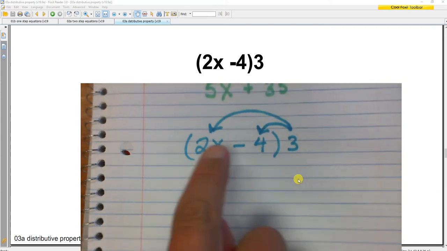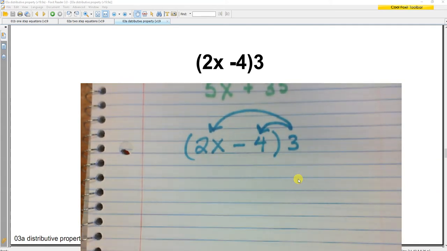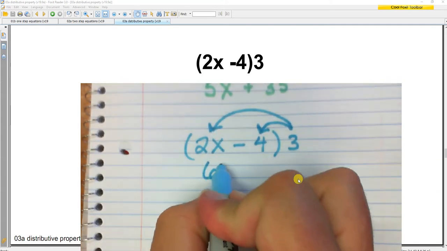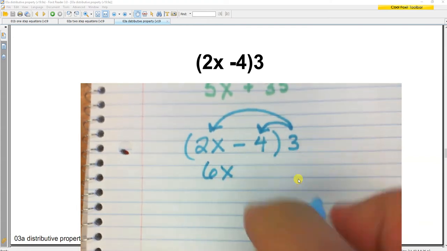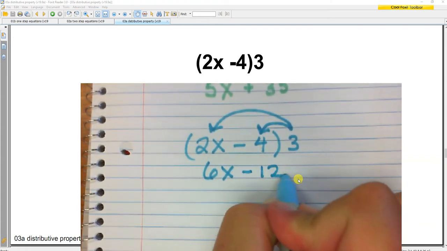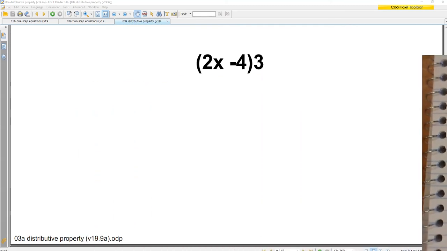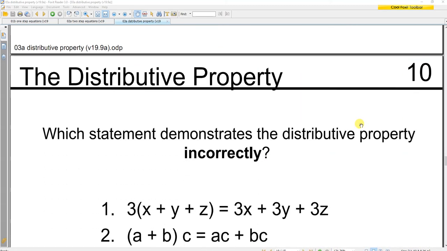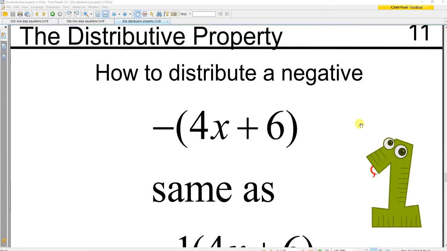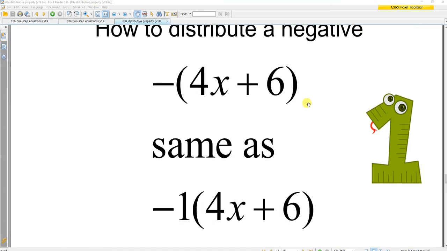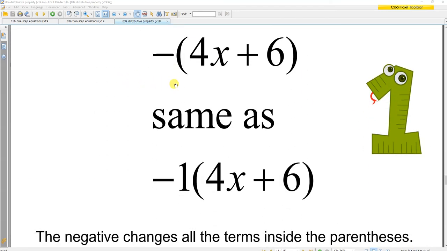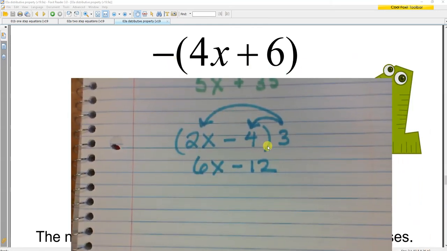So I have 3 times 2, which is 6, 6x, and negative 4 times 3, which is negative 12. So I jumped backwards, but not freaking out. When I have a negative in front, I have to distribute it just like a negative 1. So let's get this one into our notes.